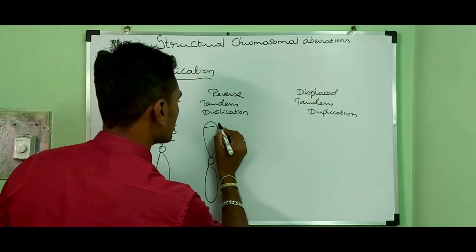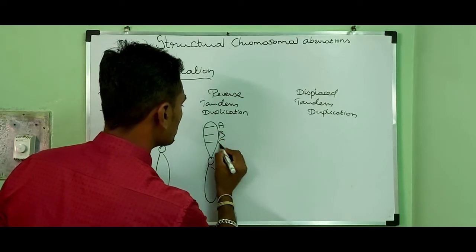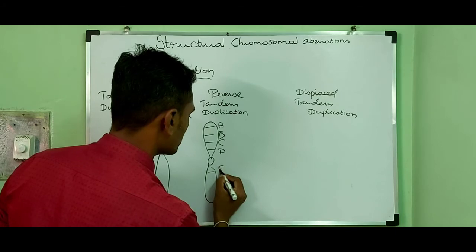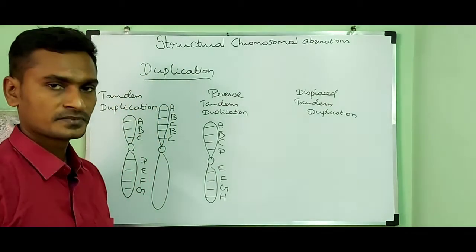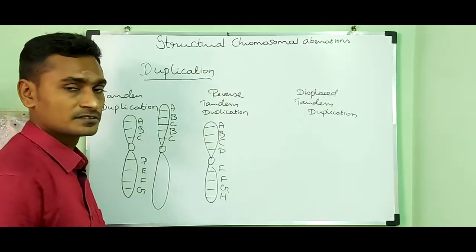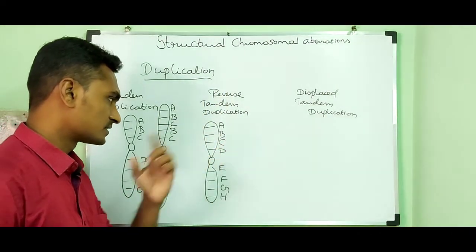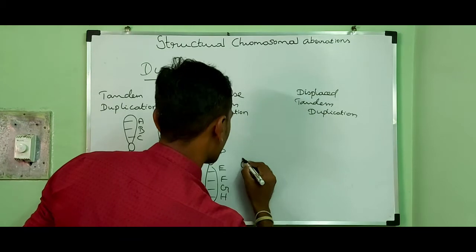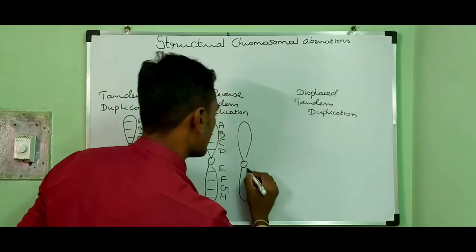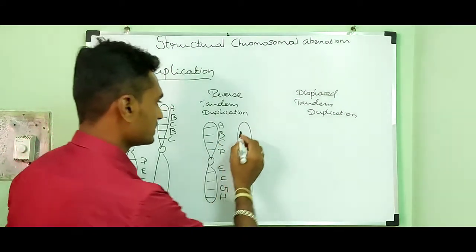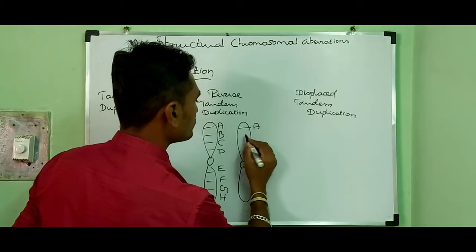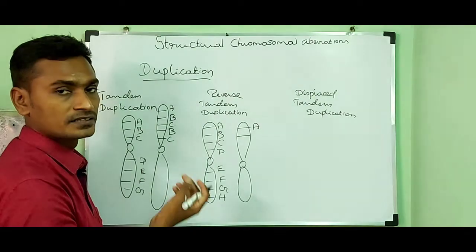It contains capital A, capital B, capital C, capital D, then capital E, capital F, capital G, capital H. So the reverse tandem duplication process occurs in that chromosome. The mutation occurs on the alleles capital B and capital C, in the reverse form.